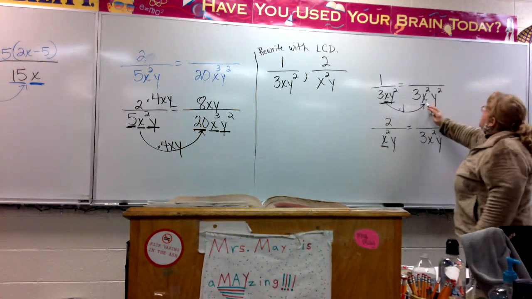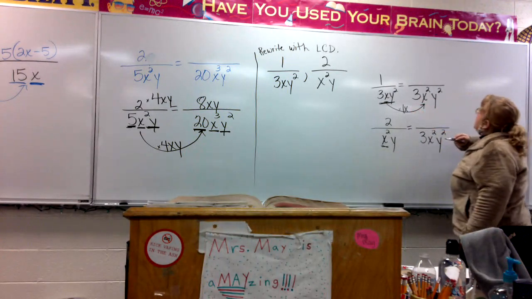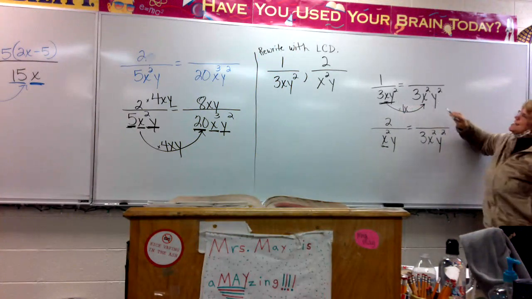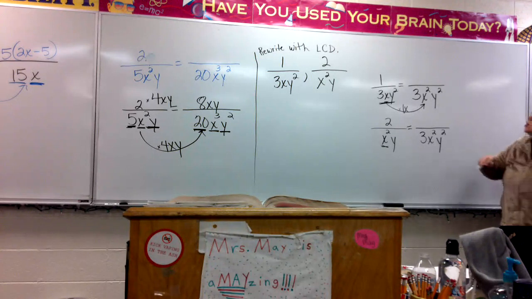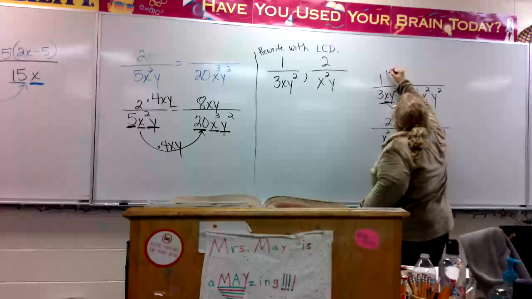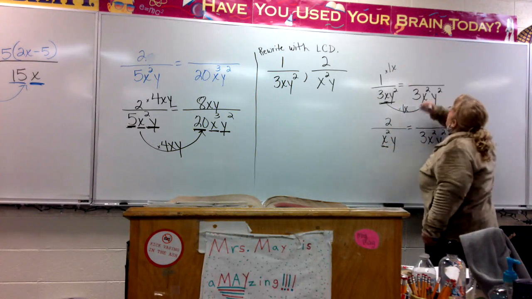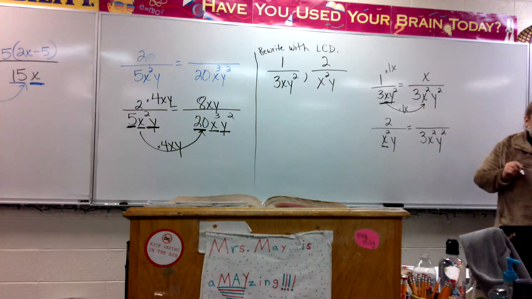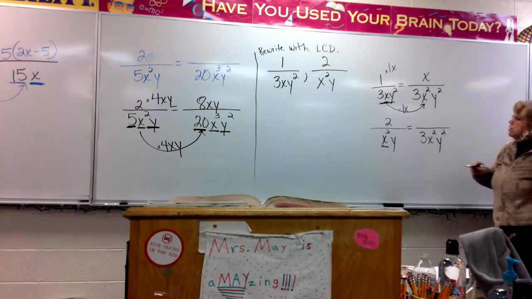I have 1x and I need 2. So you're going to need to multiply by an x. I have a y squared and I only need a y squared. I don't need any more y's, right? So on top, I'm going to multiply by 1x. What will I get here? 1 times 1x. It's just 1x. You can put the 1 in front if you want, or you don't have to. It's up to you. Does that make sense?